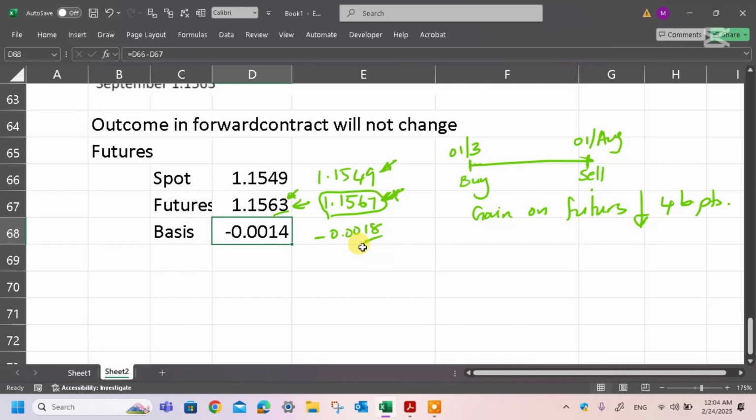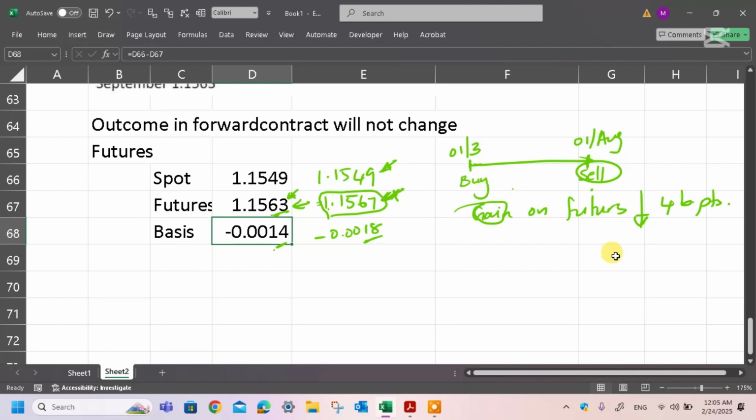But that was different. The basis is only 14. If the basis is 14, the futures is 63 as per what they have given. So you can see the difference: 67, 63, 4 points less. The selling price is 4 points less. A lower selling price means the gain is going to be less, and the gain being less means the overall cost is going to increase for the company.